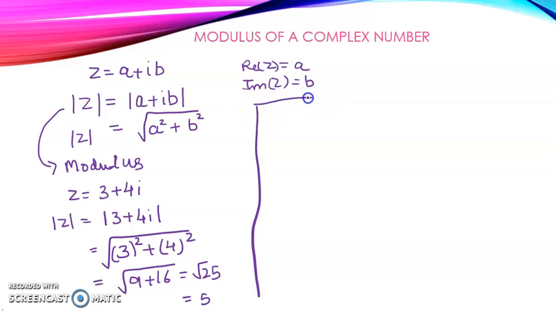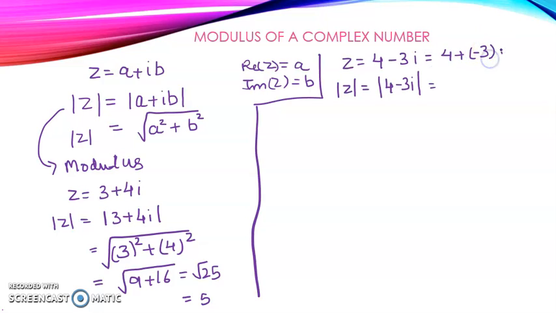Suppose I take another complex number, z is equal to 4 minus 3i. Now I have to calculate the modulus. So modulus z means I will write 4 minus 3i in modulus bars, which you can rewrite as 4 plus minus 3i.